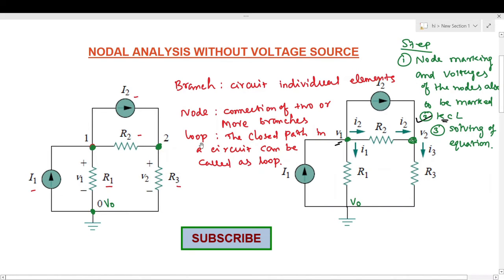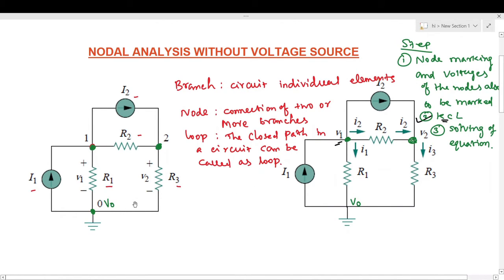Here, the non-reference nodes are node 1 and node 2. Node 0 is the reference node. Otherwise we can say that the number of equations required to solve the circuit is equal to the total number of nodes in a circuit minus 1. That minus 1 represents the reference node.